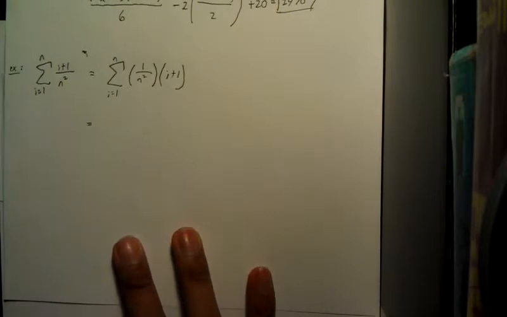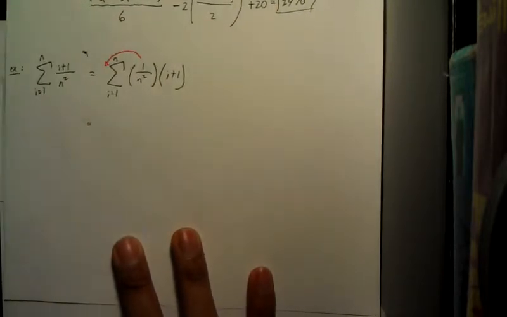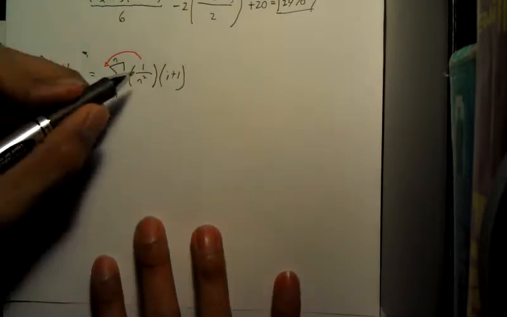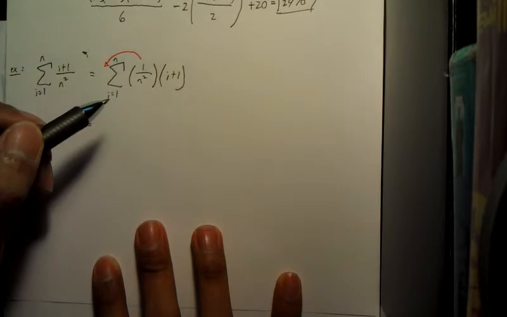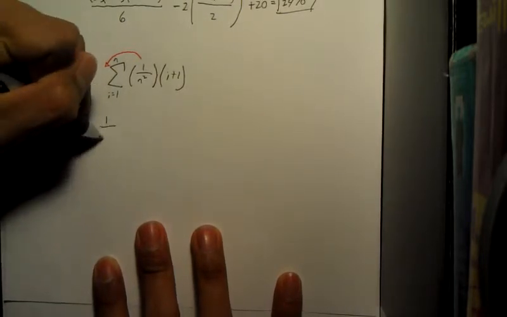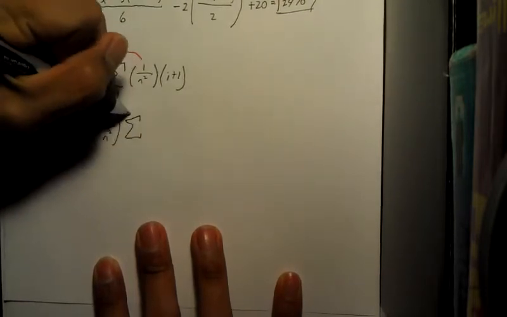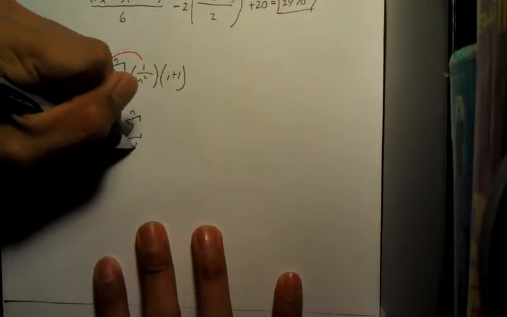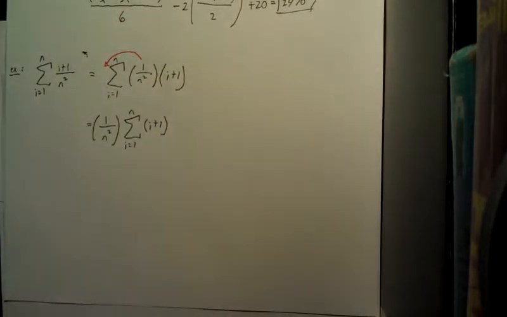From there, you can pull this out in front of the sigma, since what we're trying to do is isolate i on the right side of the sigma notation. So we now have 1 over n squared times the sum of i plus 1.